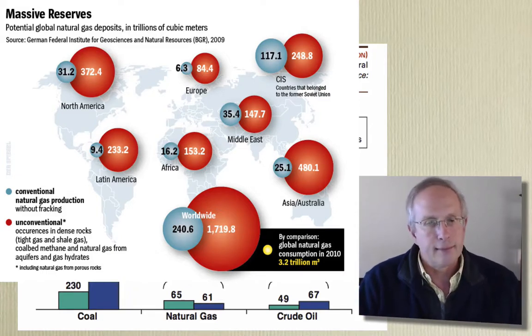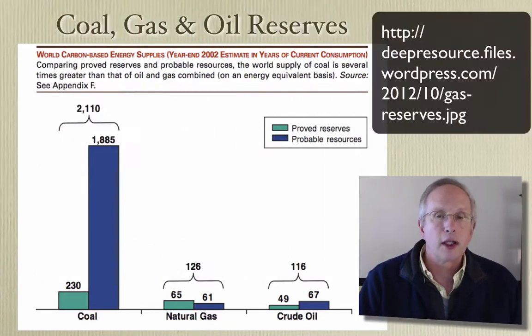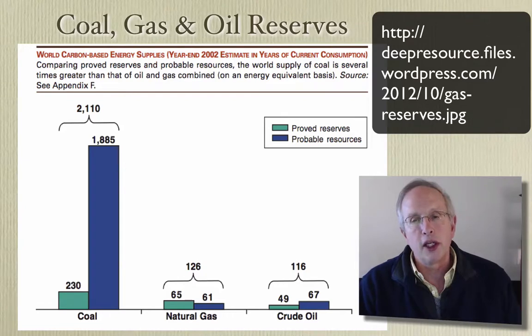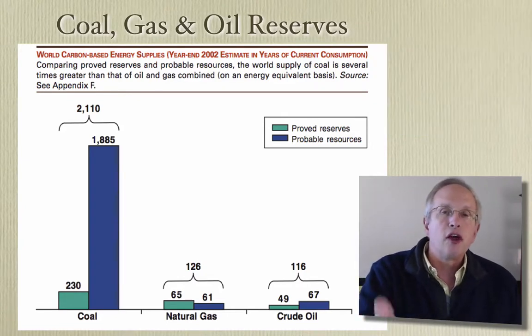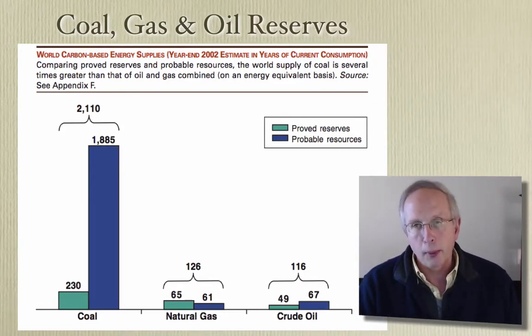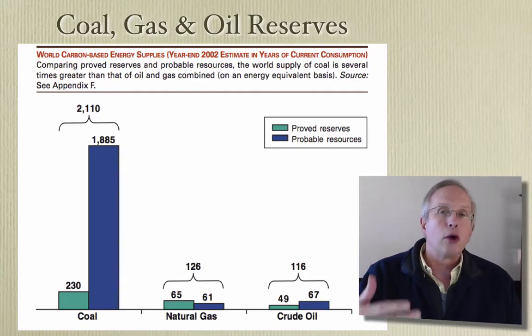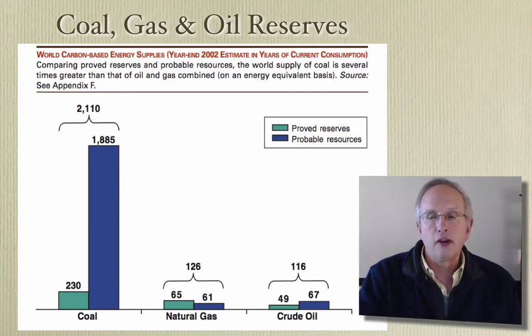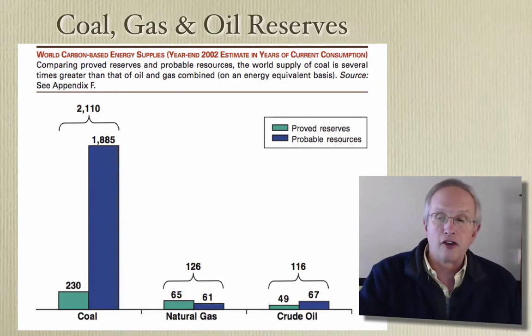I don't know the numbers right now, but you'll find it's gone up significantly. The same with crude oil. We have a lot more crude oil now than we did before. This had it 50 years proved, another 70 years probable, but that's before shale oil and a lot of the new deep sea finds were discovered off Africa and off Latin America, off Brazil.